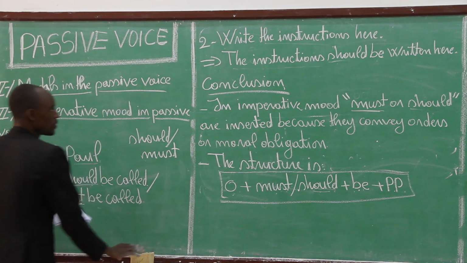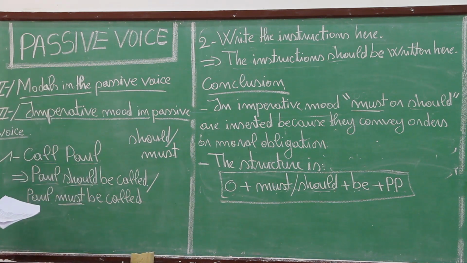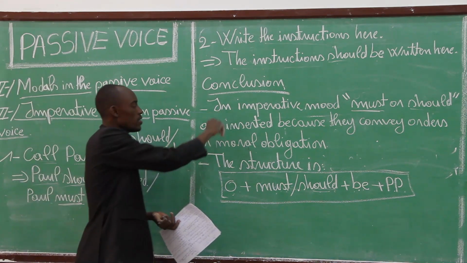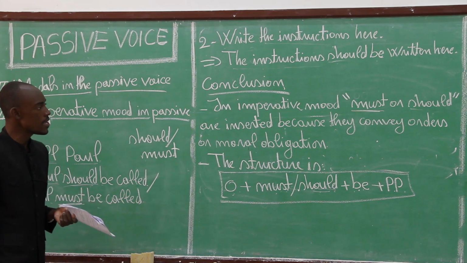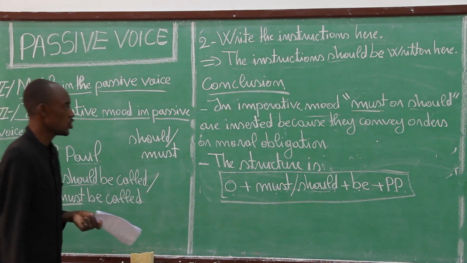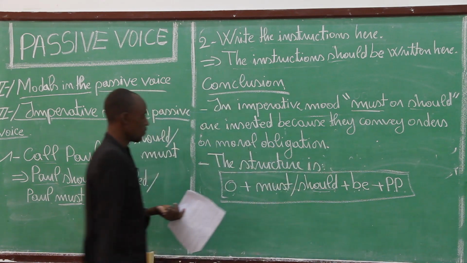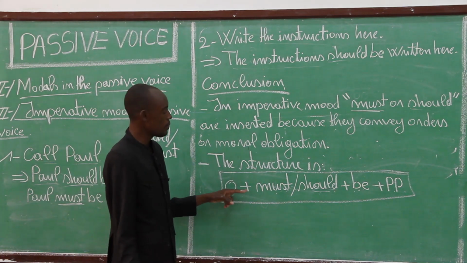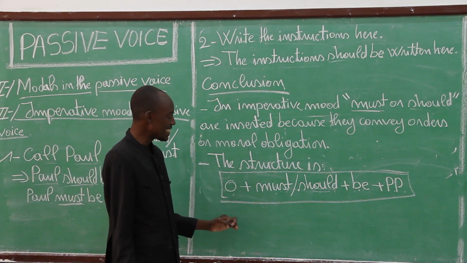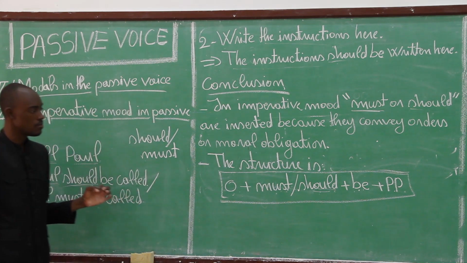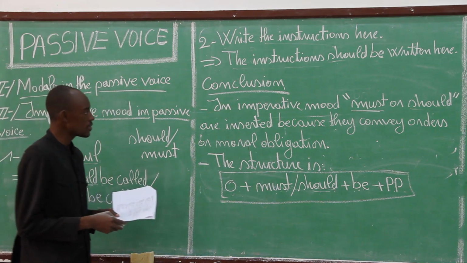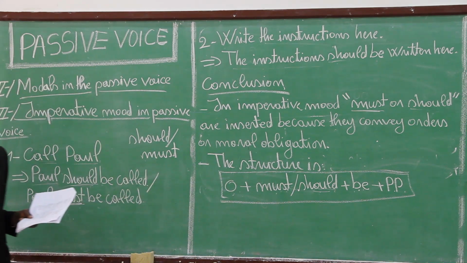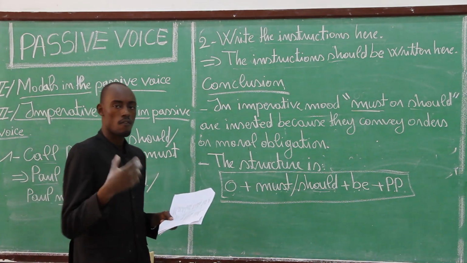You can write: in imperative mood, must or should are inserted, insérés. To insert means insérer, because they convey orders or moral obligations. This is the structure of passive voice when sentences are in imperative mood. The secret here is to respect the structure, if you want to be good at passive voice.